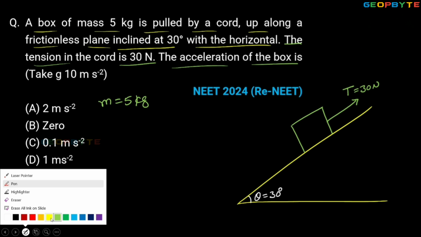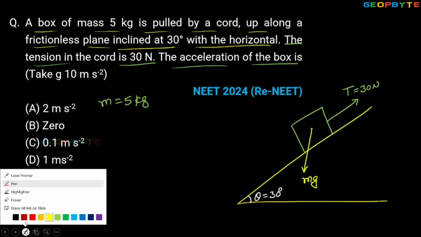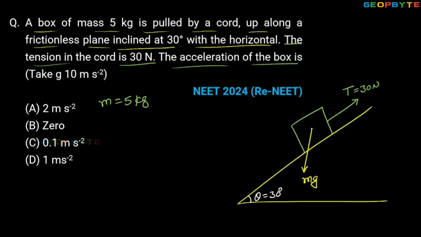For that, you need to mark the weight of the body through the center of gravity. Weight is acting vertically downwards. Now let us mark the normal reaction line. Normal reaction is always perpendicular to the contact surface.